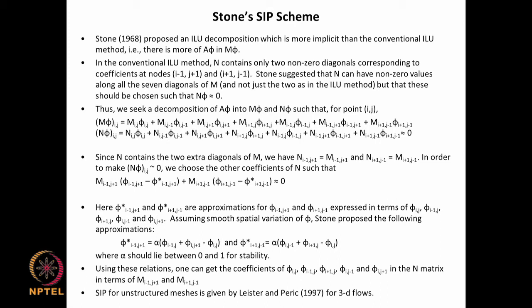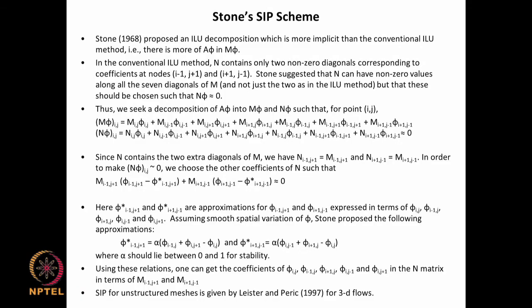The thought process is that we want to decompose A into m minus n, and m is treated implicitly and n is treated explicitly, or m phi is treated implicitly and n phi is treated explicitly. Now we want to have this decomposition done effectively. So that is where the idea of incomplete LU decomposition comes into the picture.